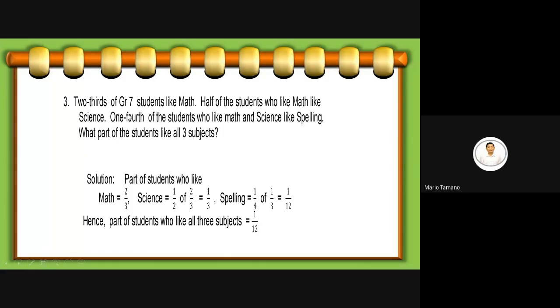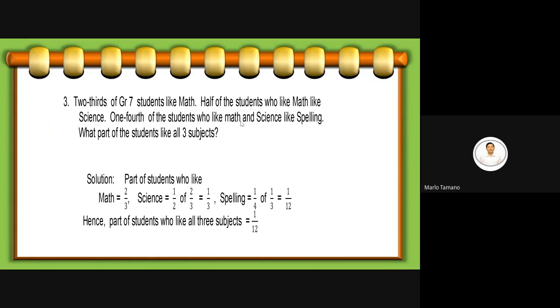So, 2/3 of grade 7 students like math. Half of the students who like math like science. 1/4 of the students who like math and science like spelling. Question: what part of the students like all three subjects?